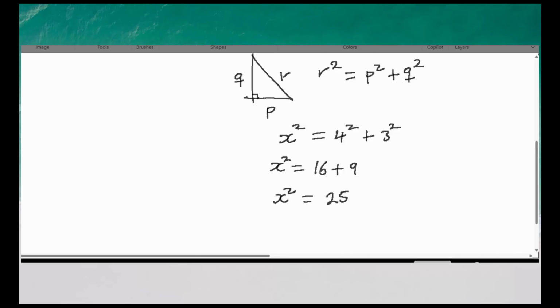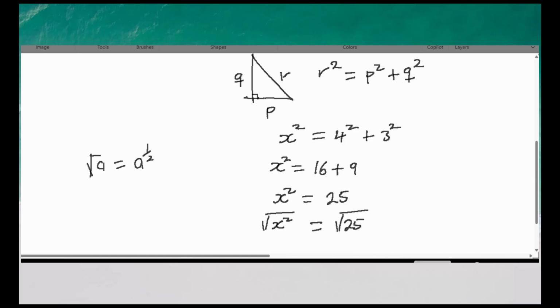So we're going to find the square root of both sides. We're going to have the square root of x squared equal to the square root of 25. The square root of a means a raised to the power 1 over 2.